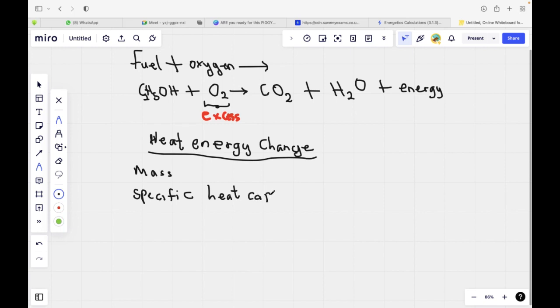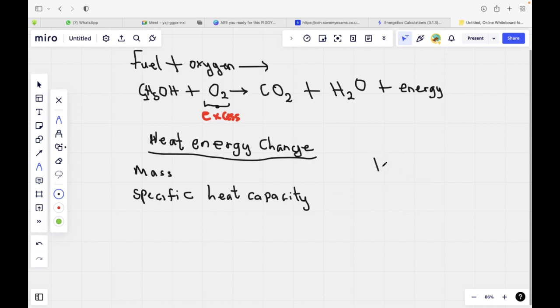Specific heat capacity is the energy required, the energy needed, to raise a unit mass of 1 kg of a substance through 1 degree Celsius.